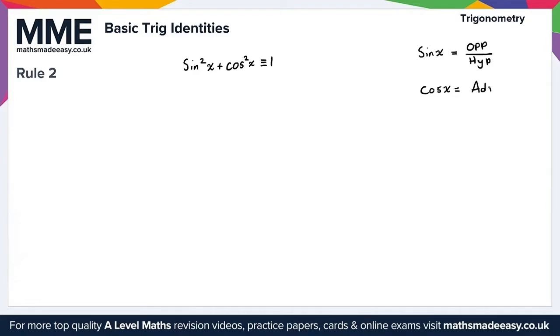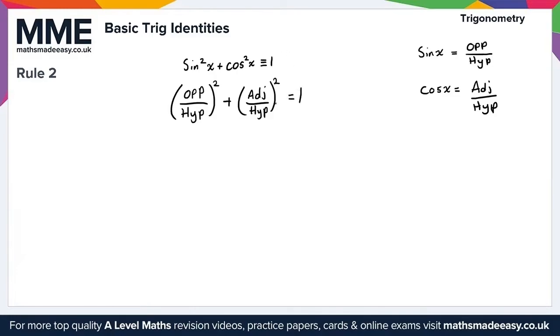So sine squared x is going to be the opposite over the hypotenuse, squared. And again, repeating this with cos x, this is going to be the adjacent over the hypotenuse, squared. And this is equal to 1.